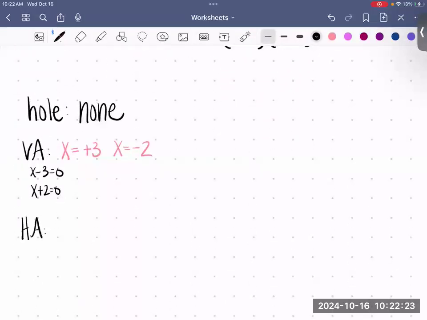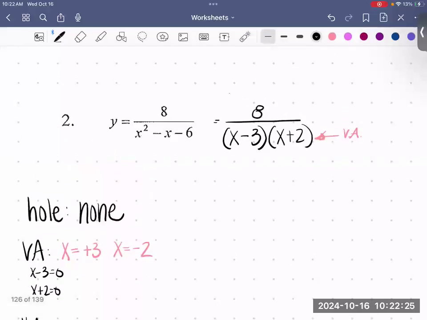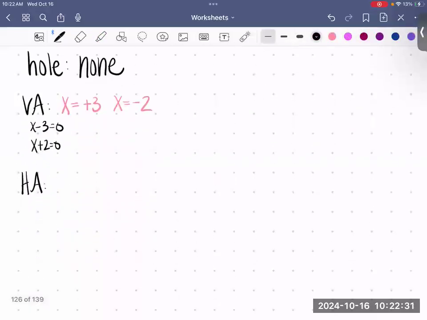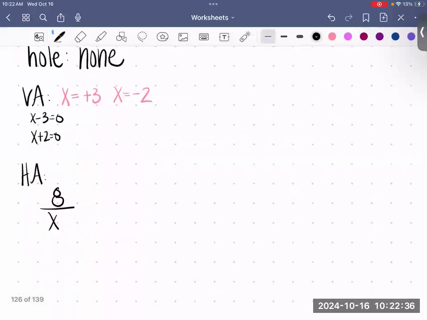For your horizontal asymptote, we are using the degree of your top and your bottom here. So we have 8 over x squared. If we wanted to see the degree on the top, we could say this is really 8 times x raised to the power of 0, which is going to be 1.